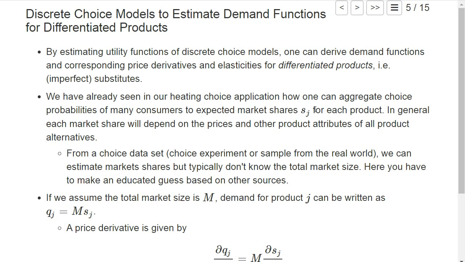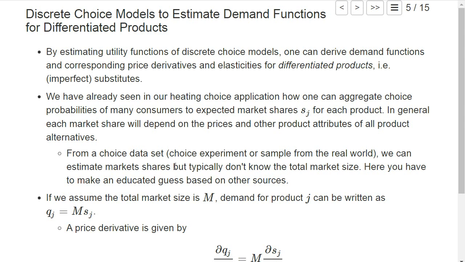In general, the choice probabilities and therefore also the market shares depend on the prices and attributes of all products, and not only those of product J, but also all other products. So from a choice data set, we can estimate market shares of products. However, we typically don't know the total market size. If we only invite consumers to pick products, we don't know what the total market size is.